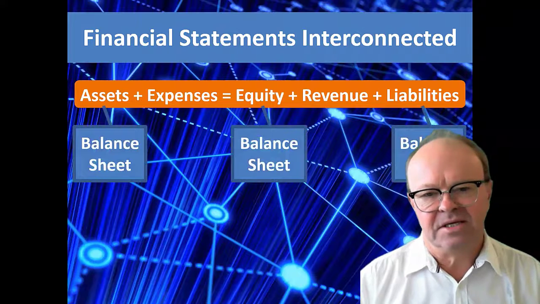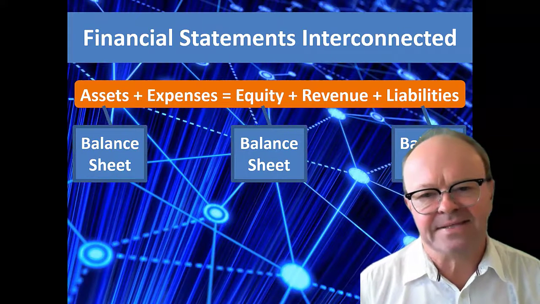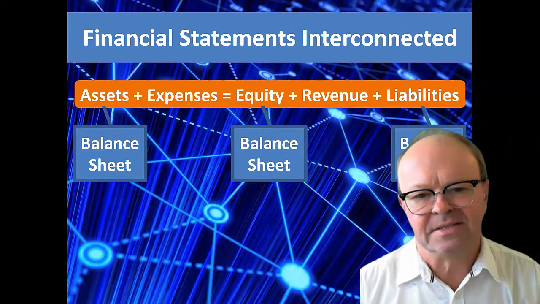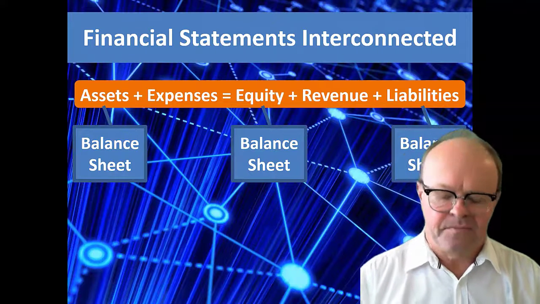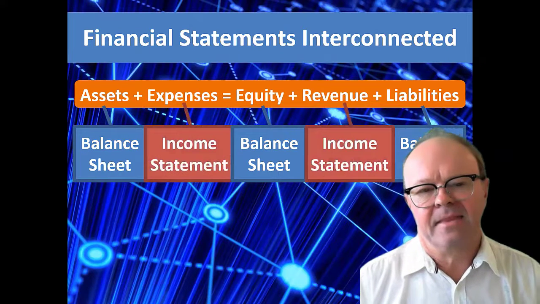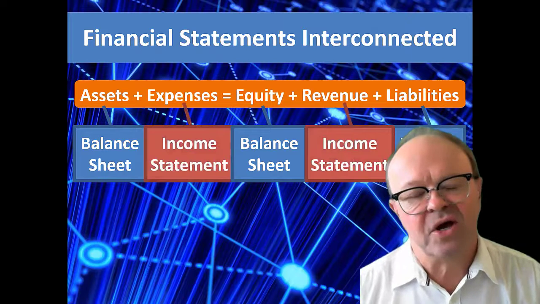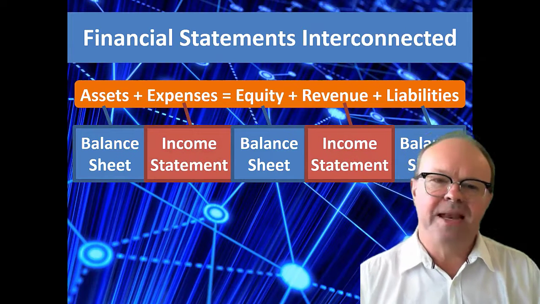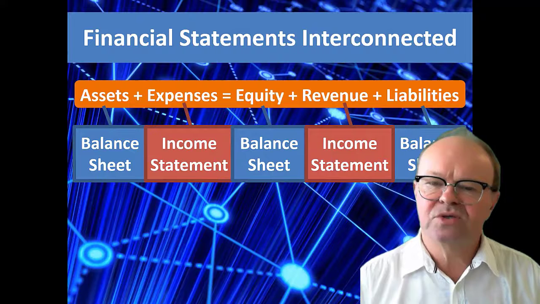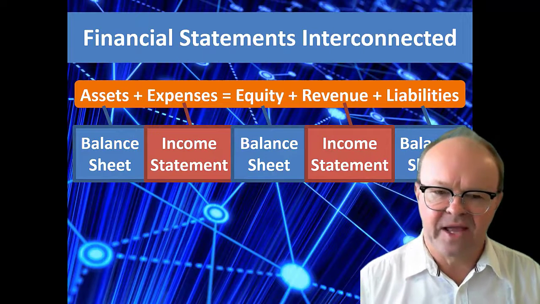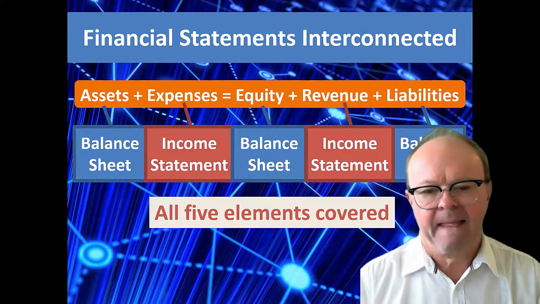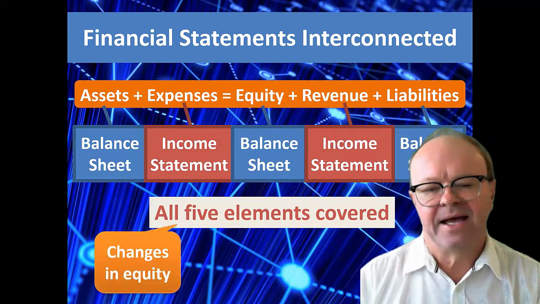Now, the balance sheet shows the assets, equity, and liabilities of our firms. And the expenses and revenue are shown in the income statement. So the balance sheet and income statement show us all the 5 elements of accounting. So all the 5 elements are covered.